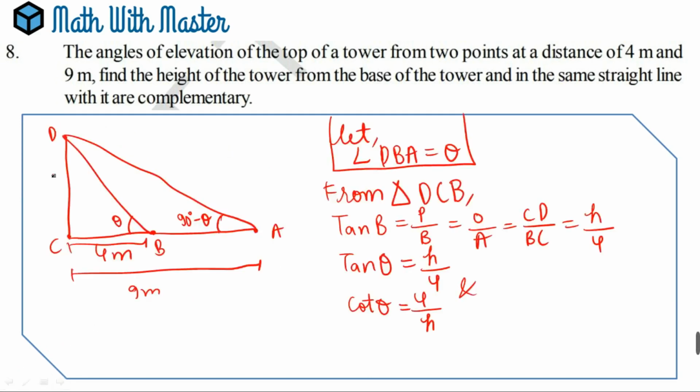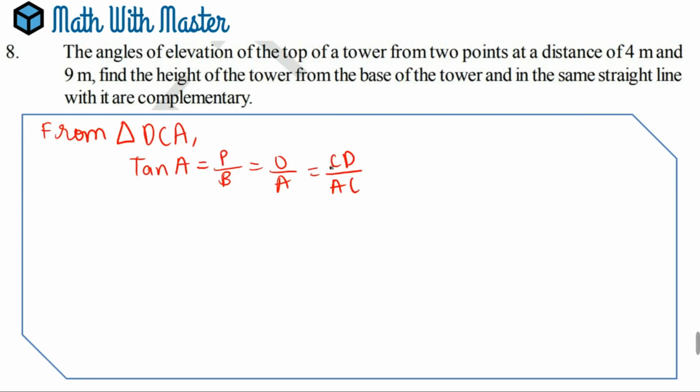It is H. Oh, sorry, I forgot that we also let CD be equal to H. I am taking CD as height. Maybe you were confused. And now this is equal to H upon 9. AC is 9. So instead of A, I can write 90 degrees minus theta because its value is that. So this is H by 9.